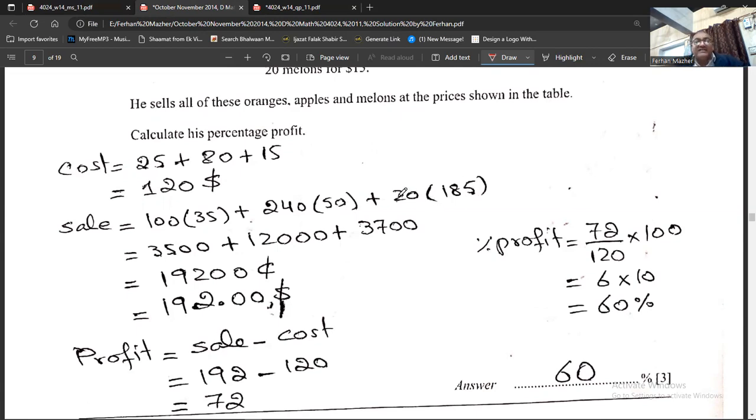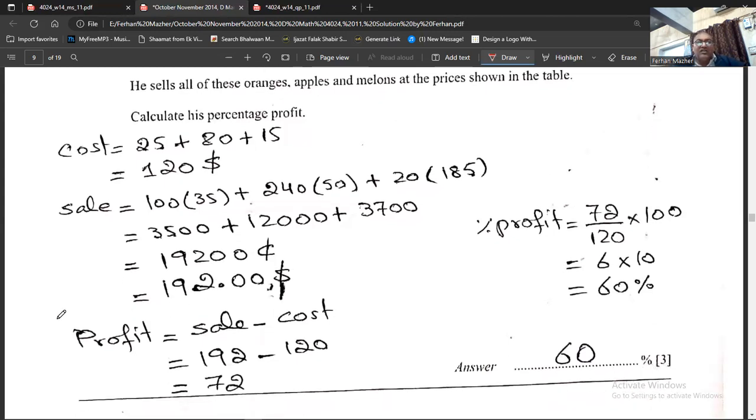He has 20 melons. So 100 times 35 is 3,500, plus 240 into 50, that is 12,000, plus 20 into 185, that's 3,700. Add them up: it will be 19,200 cents. Divided by 100, it will be converted into dollars: $192.